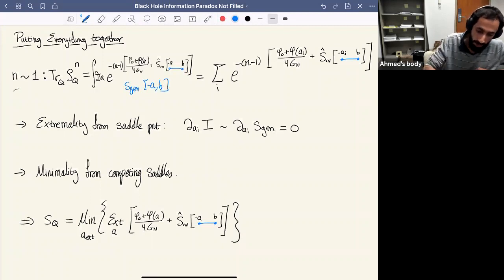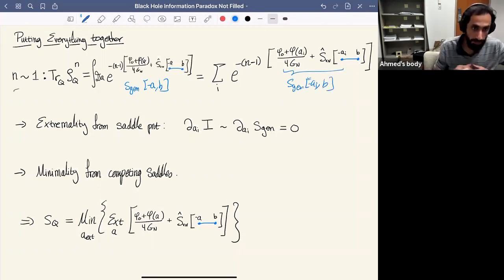And we want to consider just saddle point contributions to this integral. Then it's again e to the S gen evaluated at the different saddles, assuming there are many saddles. And so what we see is that extremality comes from the saddle point condition, that these are saddles.